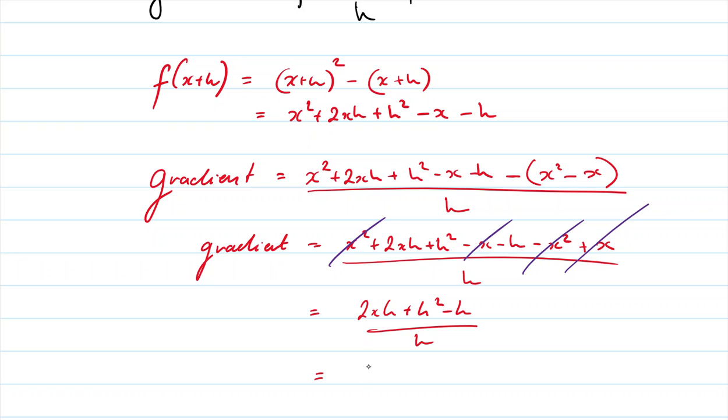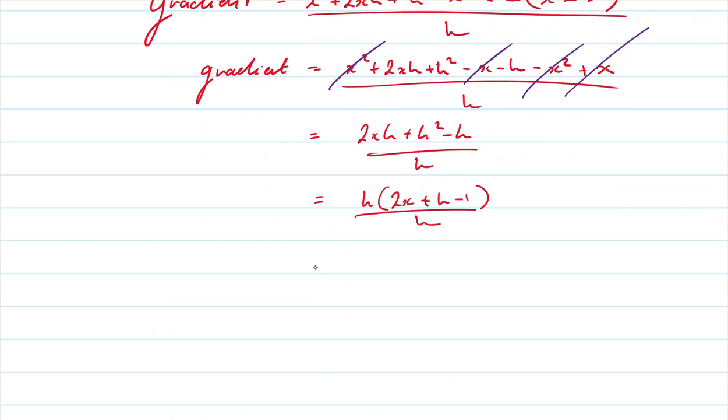If I factorize h out of the top part, you get h into 2x plus h minus 1, over h. And what I'm left with is those h's cancel out, and I've got 2x plus h minus 1.